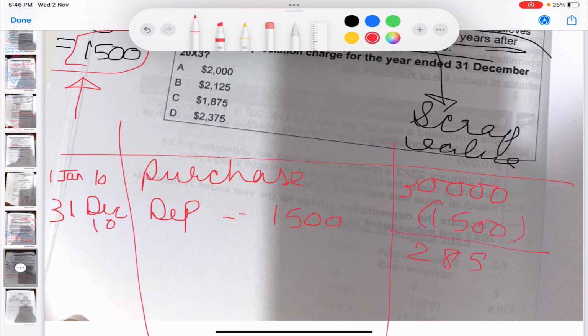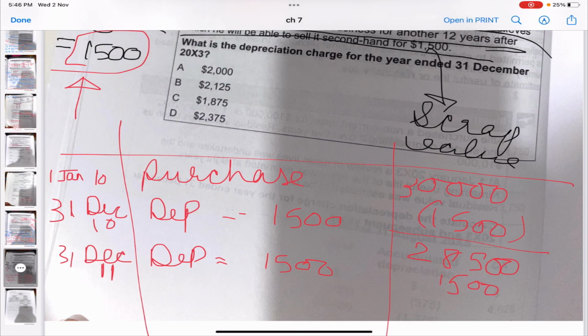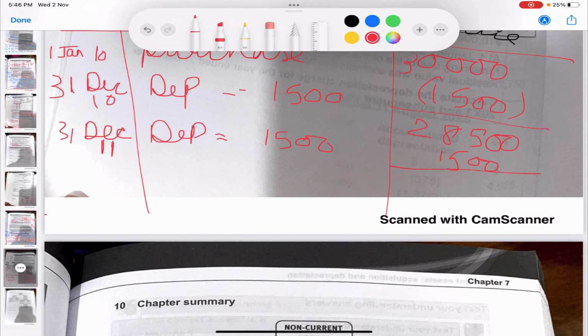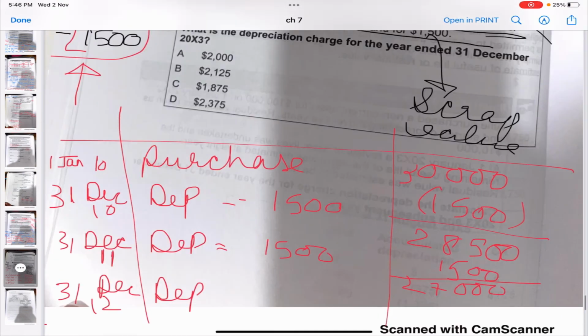This is our carrying amount. Now again depreciation would be 1500 only. Right? So what would be the carrying amount? 27,000. Now we have 31st December 2012. What will be the depreciation? Let's go back to the question.